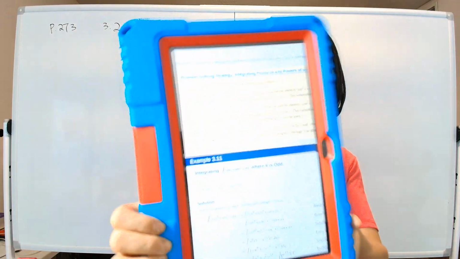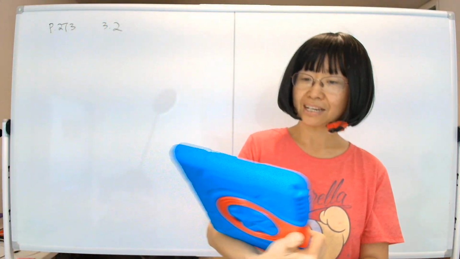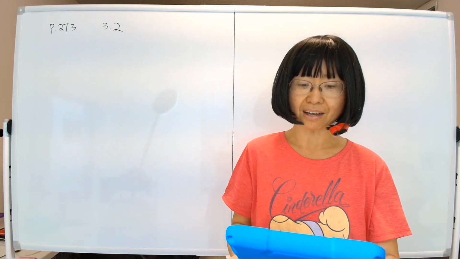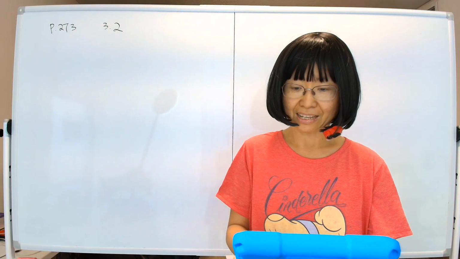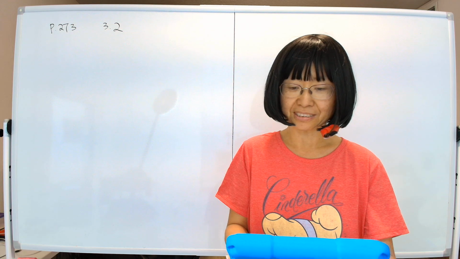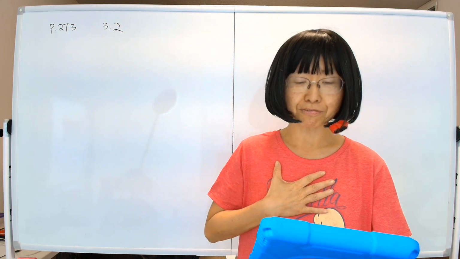Please read this stuff on 276, which says that if k is odd, we're gonna follow some rules, a specific set of rules which involves what we just did.